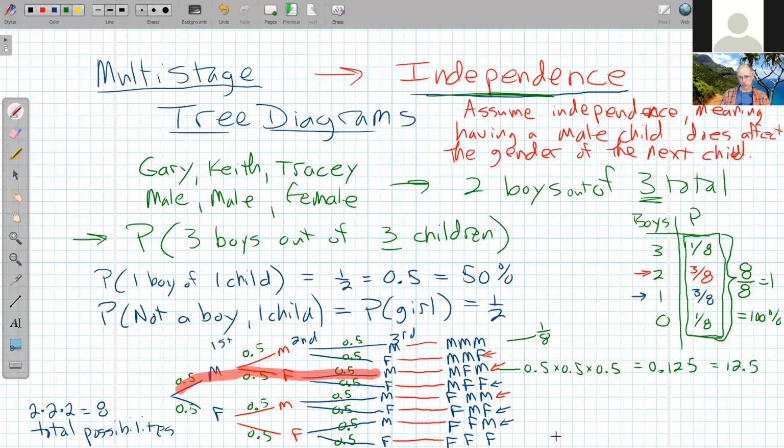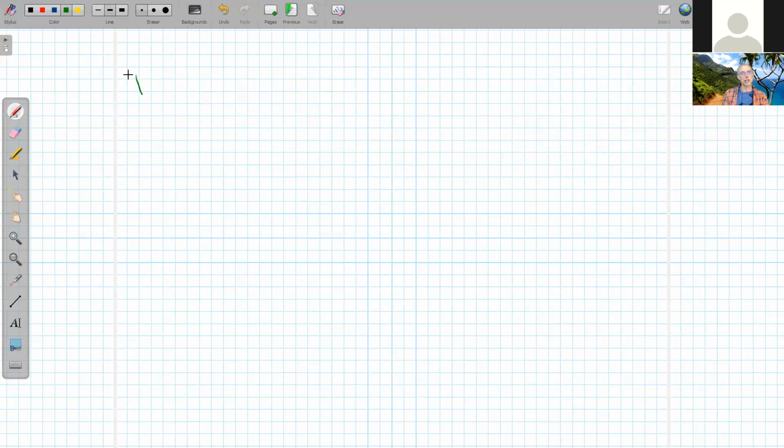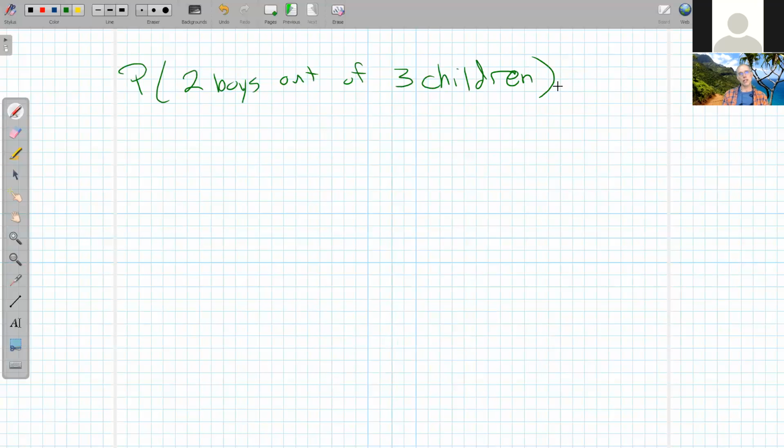We could ask a different question based on the tree we have here. So I'm just going to go to a new page. We'll come back. I could ask, what's the probability of having 2 boys out of 3 children? And that is not a simple event because there's more than one way that could happen.